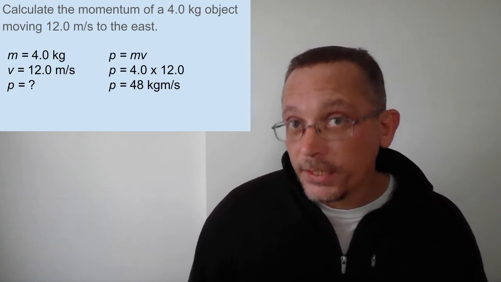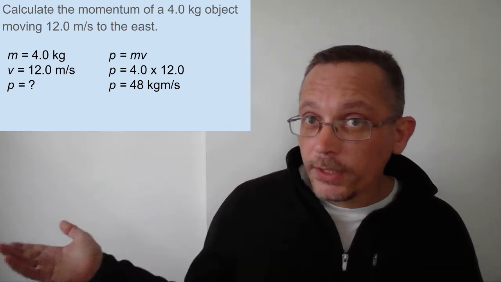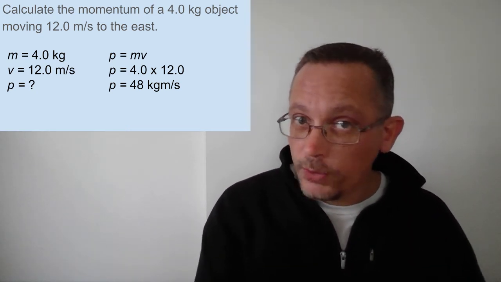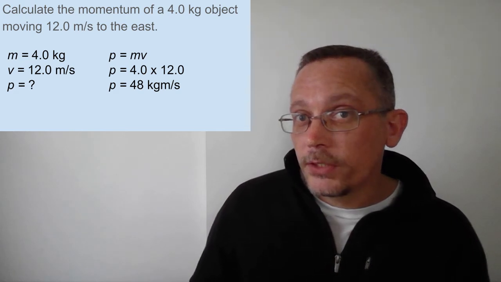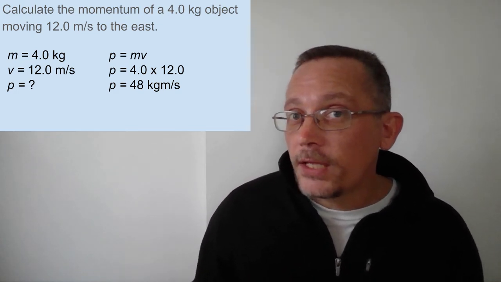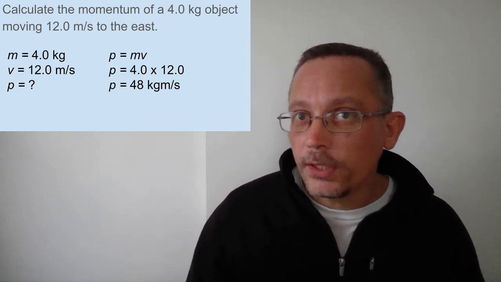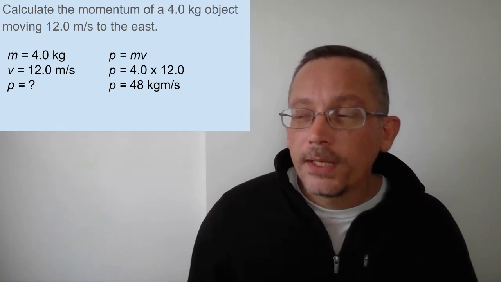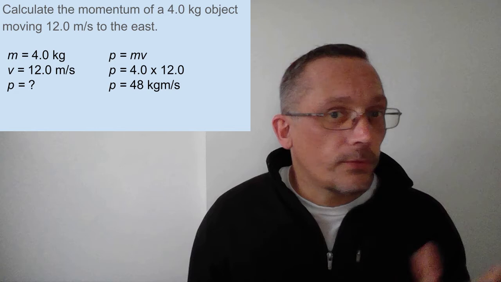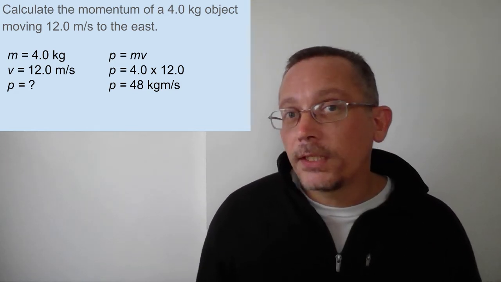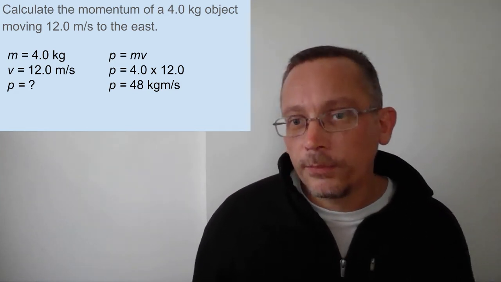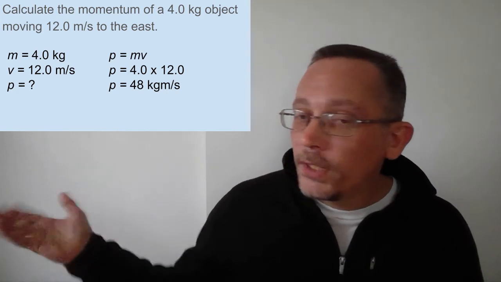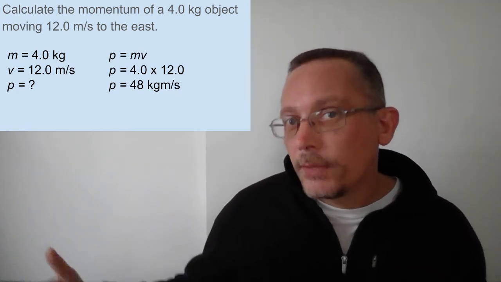I need two significant figures in my answer. 4.0 had two significant figures, 12.0 had three, and so I go with the least, two significant figures. So my answer is 48. And the units for momentum are kilogram meters per second, so p equals 48 kilogram meters per second.